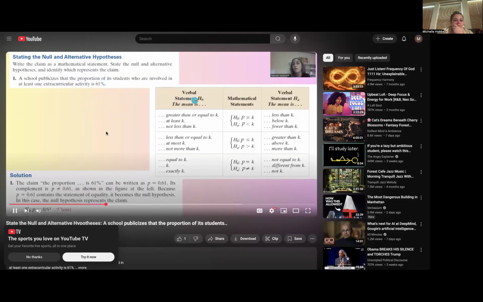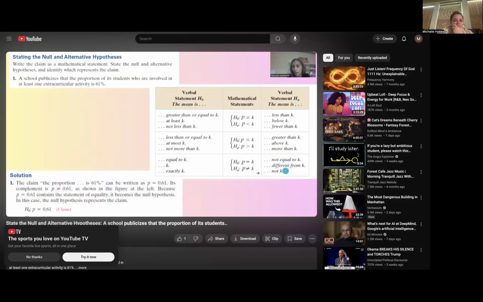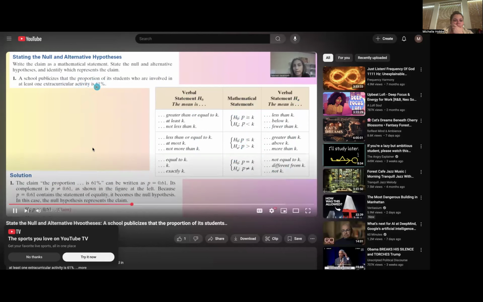When it comes to the verbal statement for the null and alternative hypothesis about the proportion, we represent that by P. Since it says it is 61%, we are working with the scenario equal to exactly 61%.